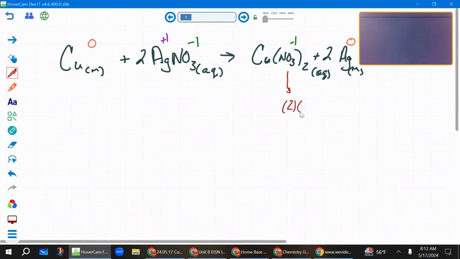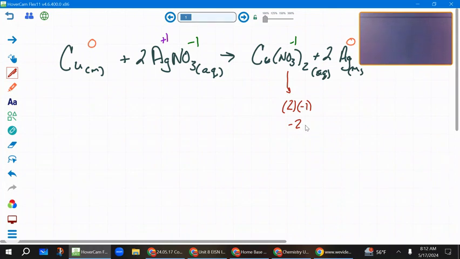What's the charge of each group? It's written there. -1. 2 -1s will have a charge of -2. What does the total charge of a compound always need to equal?